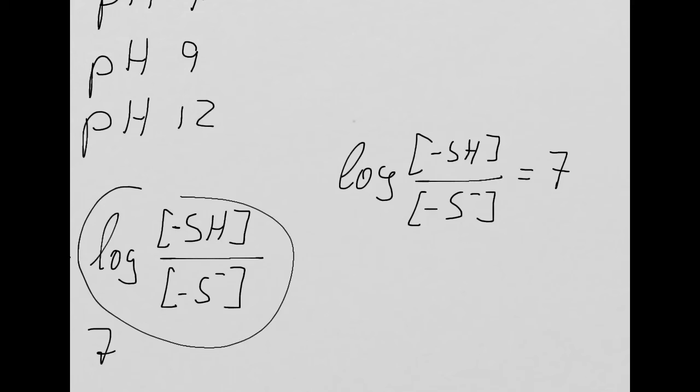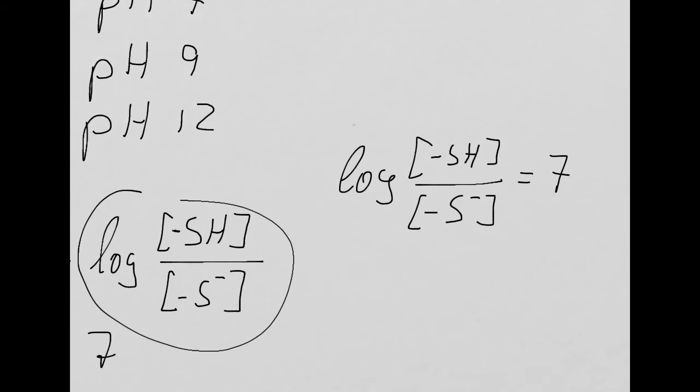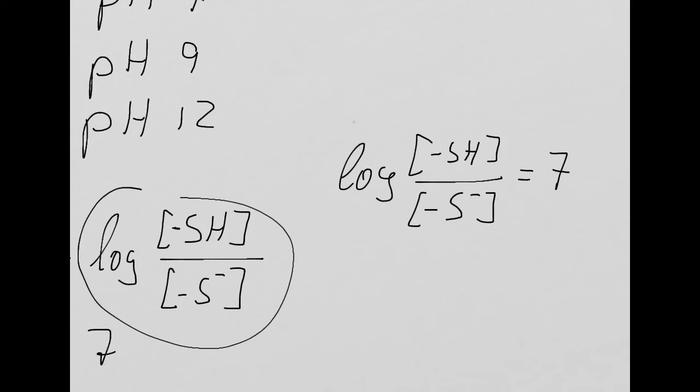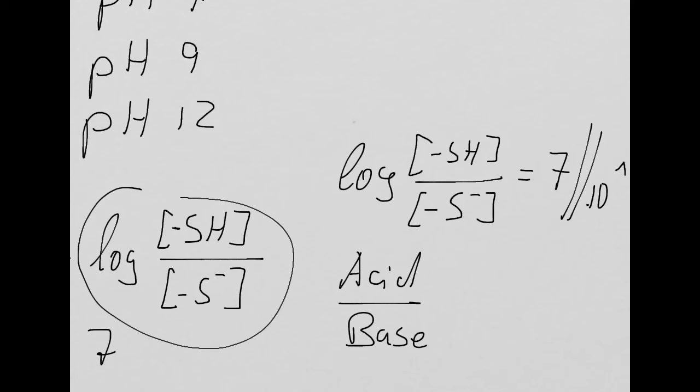So what is the true ratio? Well, I take both sides 10 to the power of. And I have the ratio of acid to base, or SH to S minus, equals 10 to the power of 7.